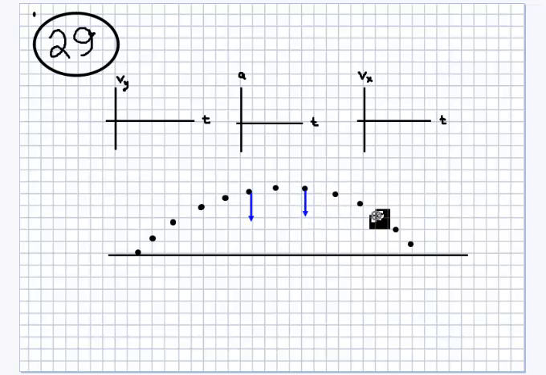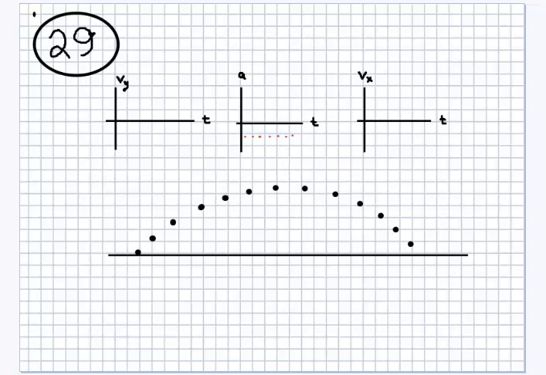Never changes. So I would expect that when you were plotting the acceleration at every particular moment in time, you had a nice steady negative value. Negative 9.8 throughout.